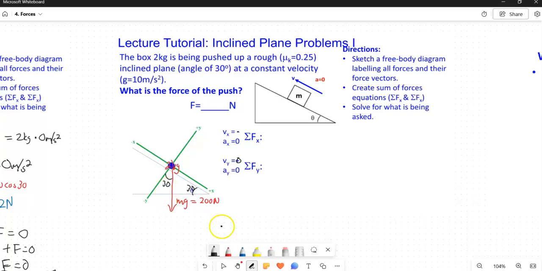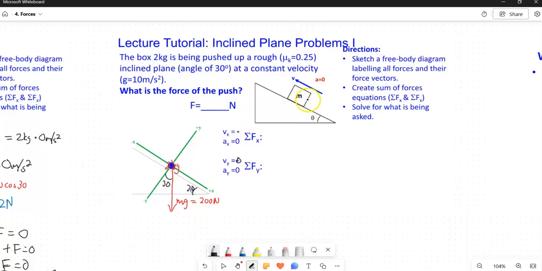So that's our 30 degrees. Once we have that aligned, now you can take a moment and break this up into up and down and left and right. I prefer to finish the force diagram and then break up the diagonal vectors. So that's what I'm going to do.